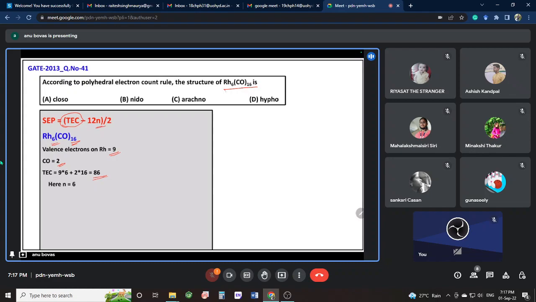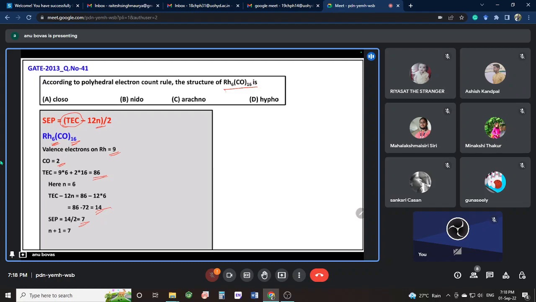What is n? n is the number of metal atoms, so here n is 6. So 86 minus 12 into 6 equals 14. Now we have the numerator. We divide it by 2 to get the number of skeletal electron pairs, so 14 by 2 gives 7.